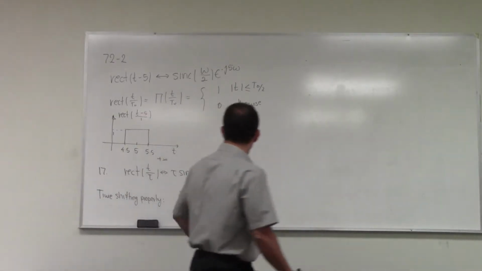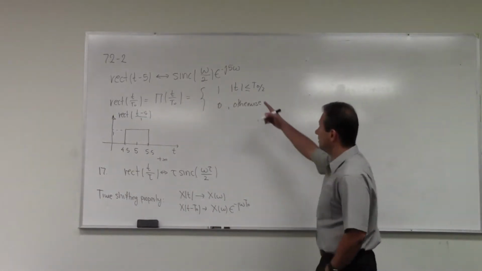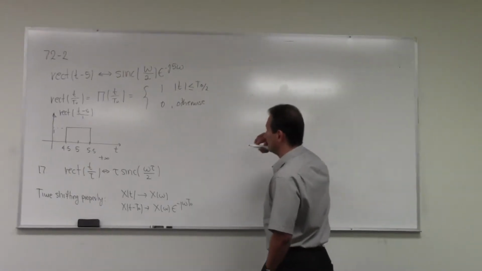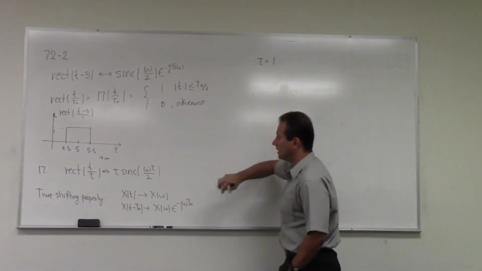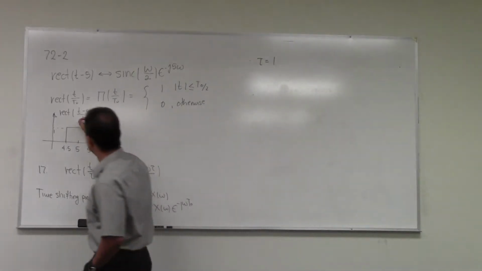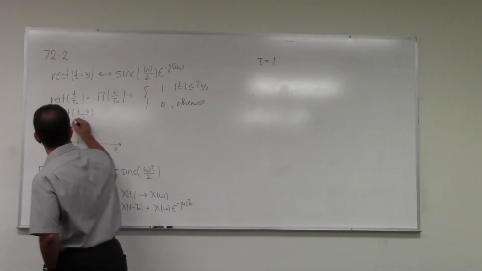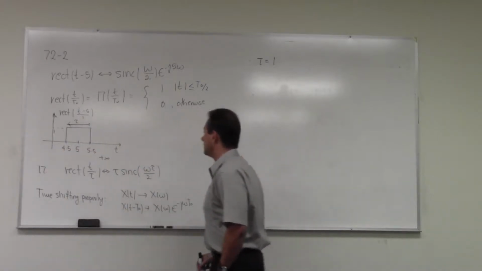Now, how do we put these two together to get the same result here? In our case, tau is equal to 1. That tau here is the width of the pulse, right? In the general case, this is tau. In our case, it is 1.